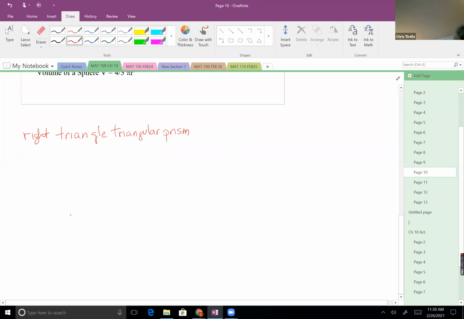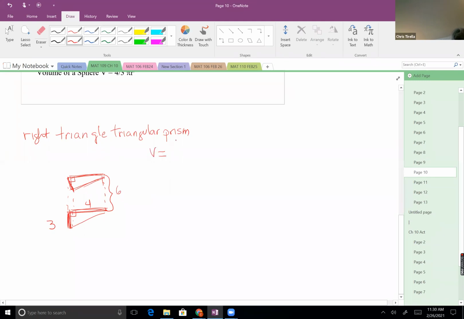And so the bases are going to be right triangles. And so let's say in each of these right triangles, the length of this side is 3. Let's say the length of this side is 4. And let's say that the height is 6.